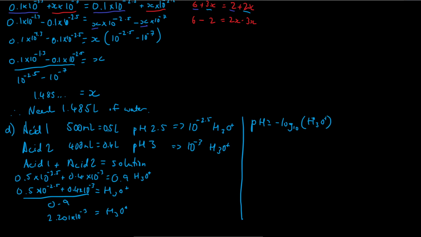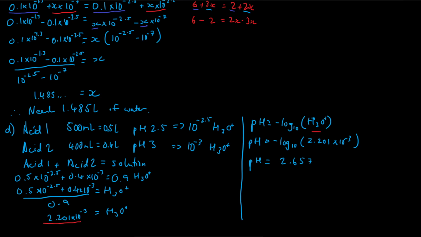So we just sub our value in, this one down here, for our H3O+. So pH equals negative log 10 of 2.201 times 10 to the negative 3. And if we put that into our calculator, we get pH is equal to 2.657.